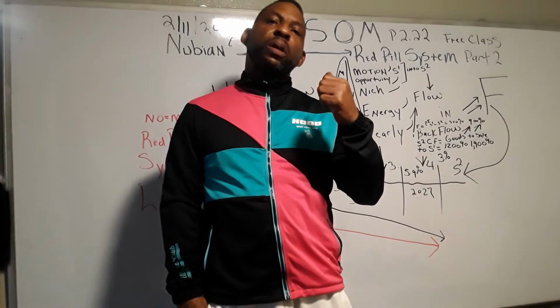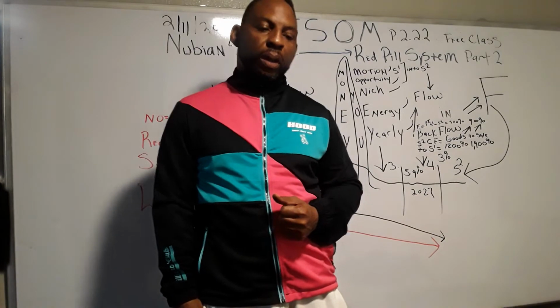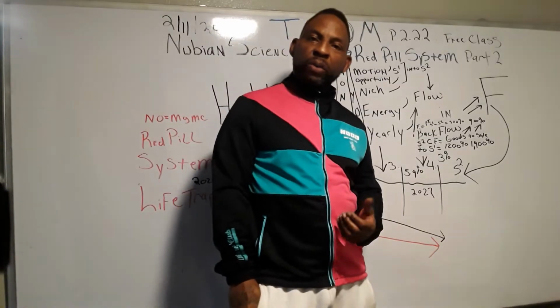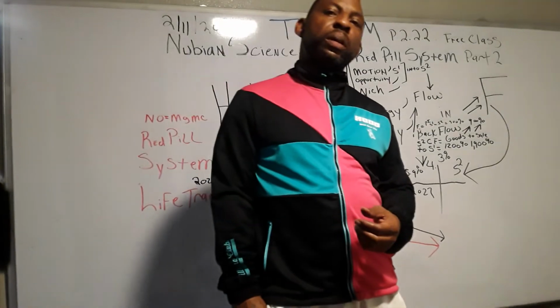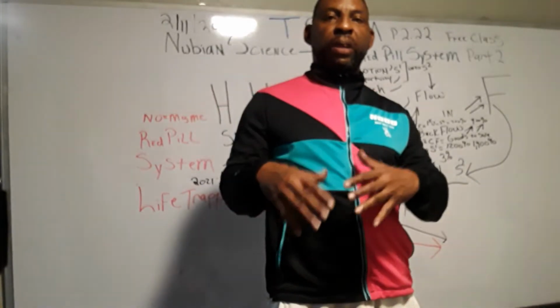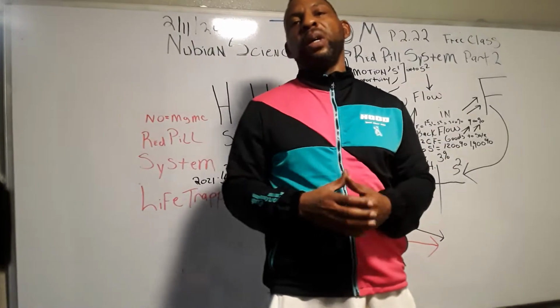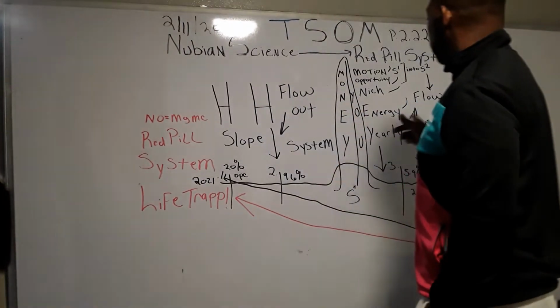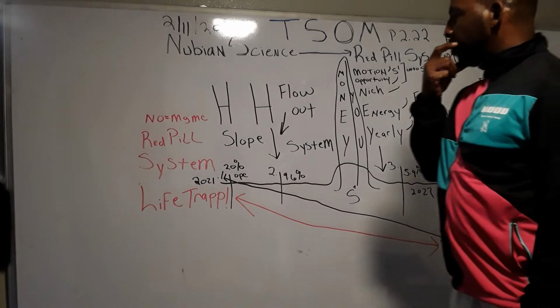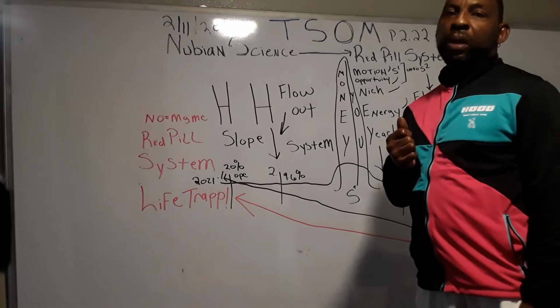In this class, we're going to talk about the red pill system, and how it works and its embodiment, and how it affects us and actually captures us into a system which we have on the board. So we're going to get into it.